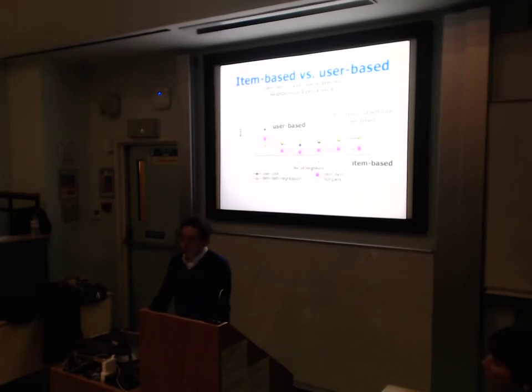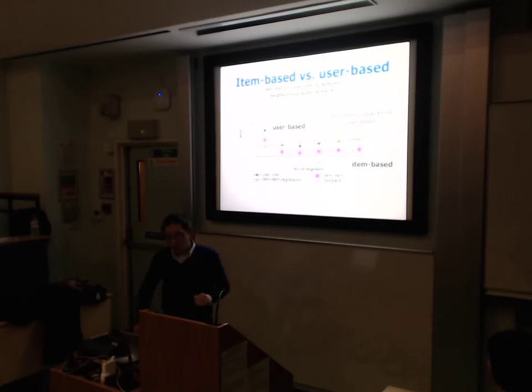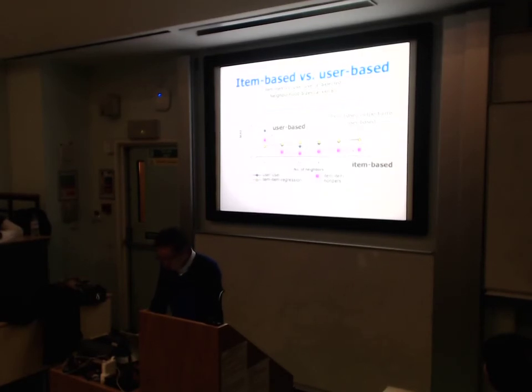You might want to ask, okay, the item-based, the user-based, which one is better? This graph shows that, in general, item-based performs quite well. It's a little better than user-based. And again, this is really dependent on the data set. But in general, using items to calculate similarity is better than calculating similarity between users.